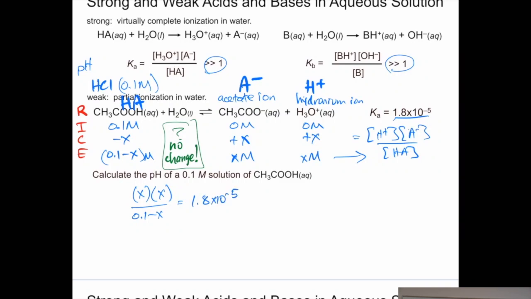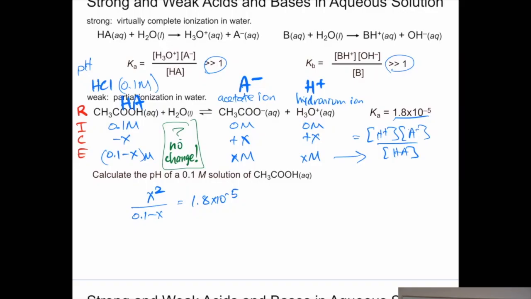So now what are we going to do? You want to use the quadratic formula? Not preferably. This is X squared, right? Do we use the quadratic formula? Is there any way around using the quadratic formula that we talked about in chapter 14? Say that louder. Ka is so small that tells you that the extent of this reaction is very, very small.